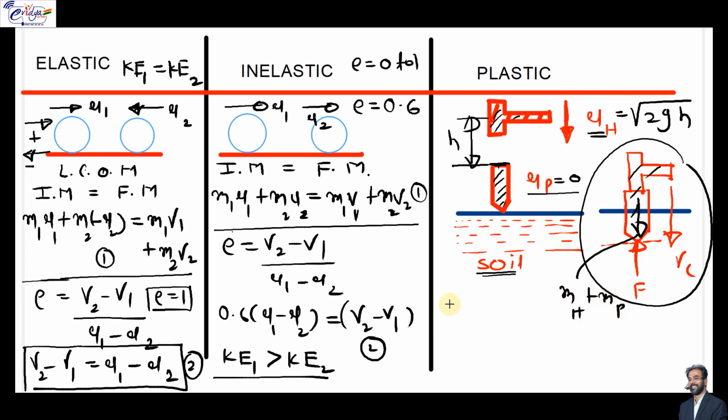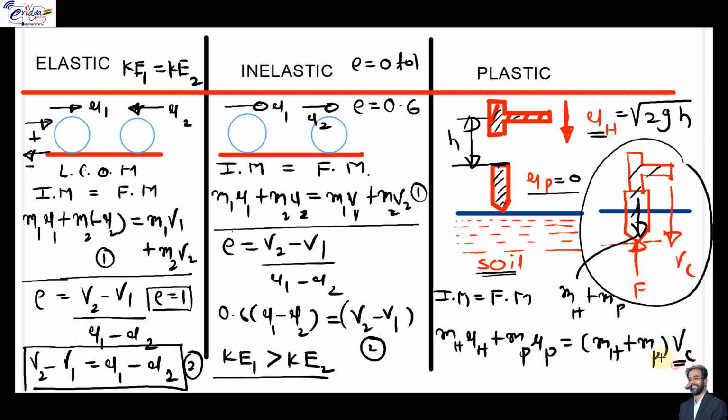In this case, how do we apply the law of conservation of momentum? Again the same: initial momentum is equal to final momentum. So mass of hammer times velocity of hammer, plus mass of pile times velocity of pile, and lastly mass of hammer plus mass of pile, as they become a united body, times the common velocity.